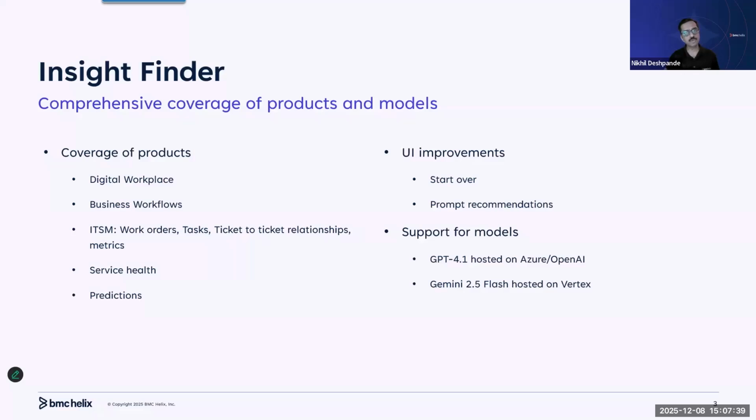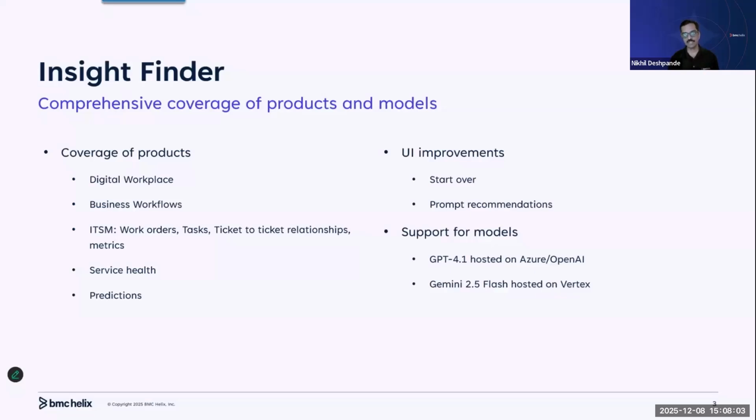Our support for large language models has also grown. We now know that all large language model vendors are launching newer models or newer versions of their existing models at a fast pace. And we have a responsibility to keep pace with the newer models that are being launched.